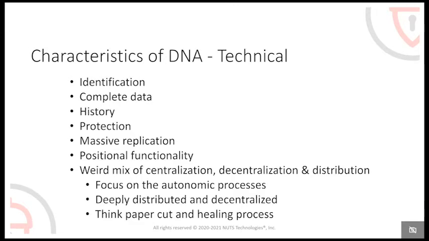Here are the technical characteristics of DNA that we found. It has identification. We know about DNA IDs, DNA fingerprints. It has complete data. You don't have a little piece of DNA sitting at the fingertip and another piece sitting at your hip bone that have to come together to do anything new. That would be disastrous. We wouldn't be alive. It has a sense of history.